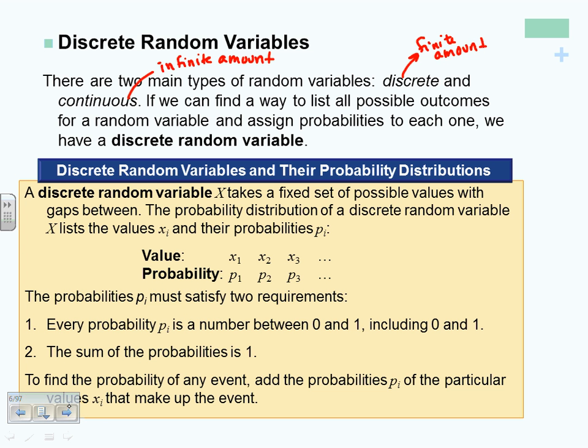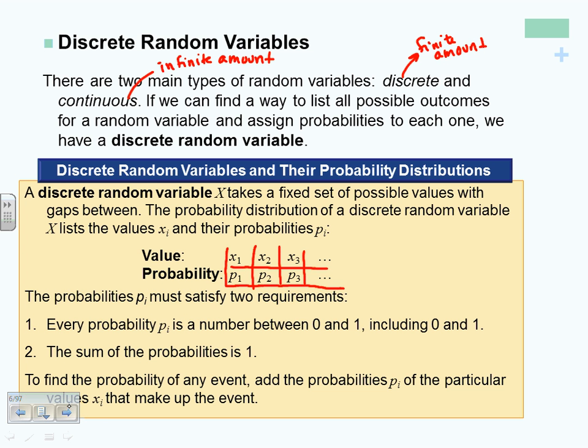A discrete random variable x takes a fixed set of possible values with gaps between. The probability distribution of a discrete random variable x lists the values x sub i and their probabilities. So it's just the value, and we could put it in a nice little table with their probabilities.